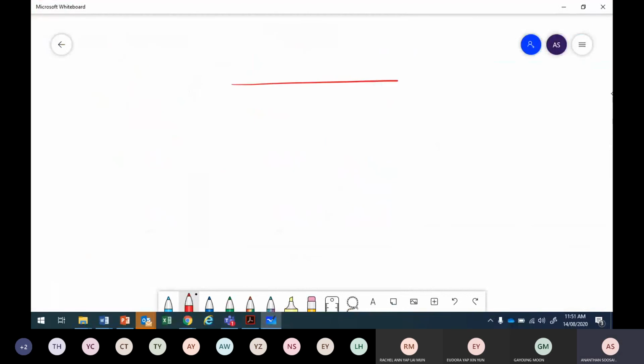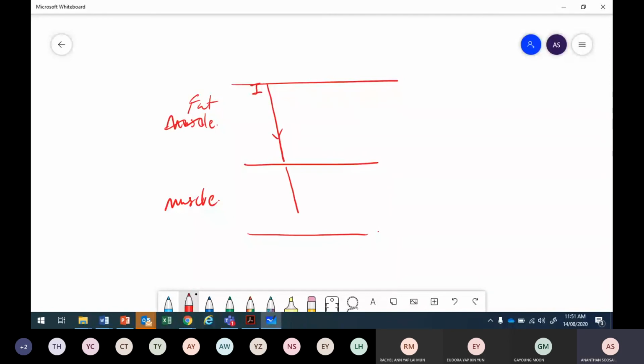Let's say you have medium 1 and medium 2. This is fat, and this is muscle. The intensity here is I, it reaches here, and the intensity here is, let's say, X. What is X related to I?